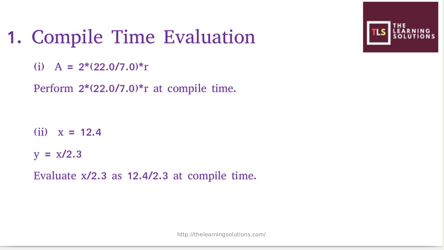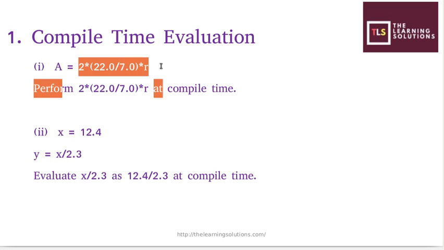Let us take an example: A = 2 * 22/7 * r, where 22/7 is the value of pi. The entire expression is computed well before execution of the code. At compile time only this result is computed and assigned to A, so that while running the code the A value can be obtained directly. This is called compile time evaluation.